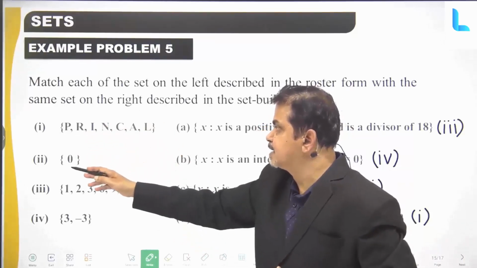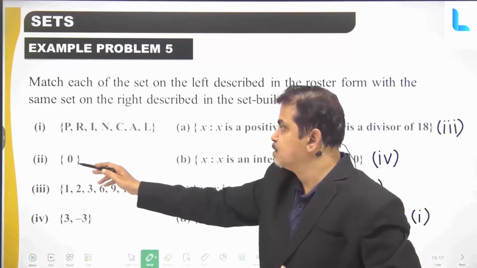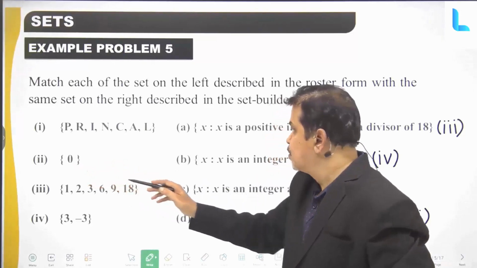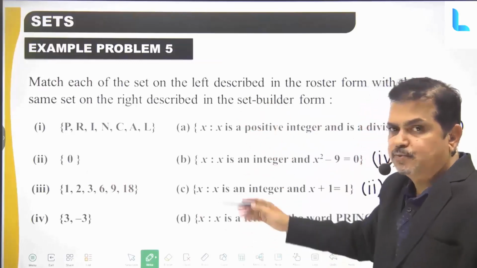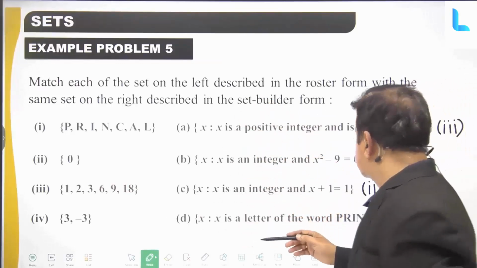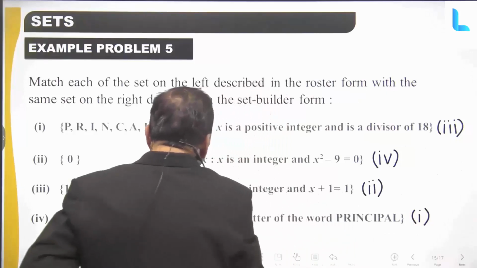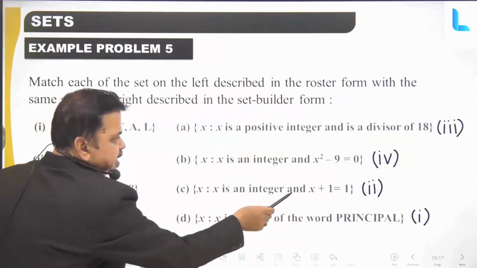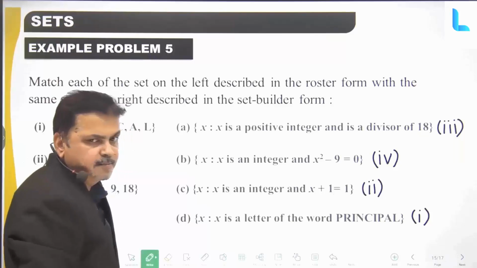Similarly, for the second case, that is the set 0, you try to see which one is matching. Here x is an integer and x plus 1 is equal to 1.